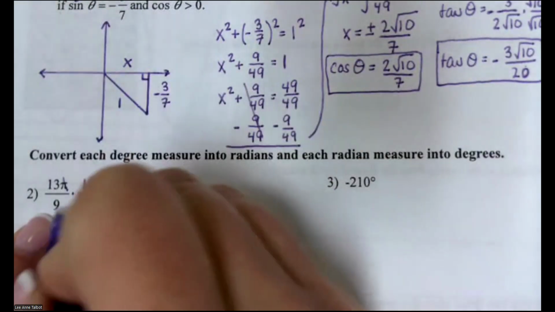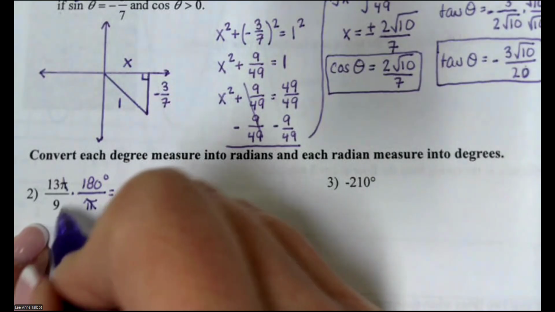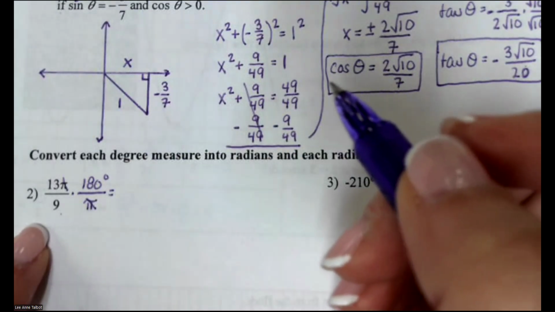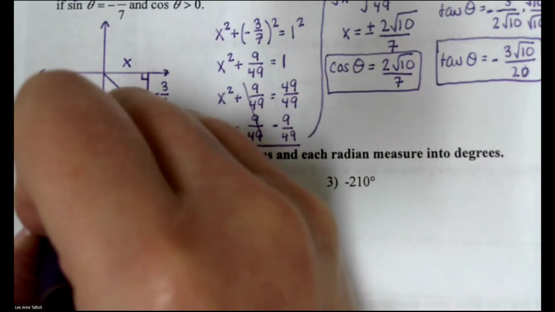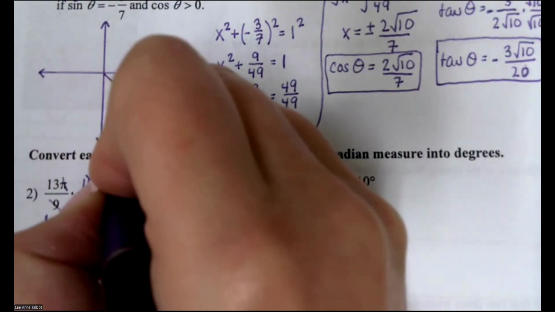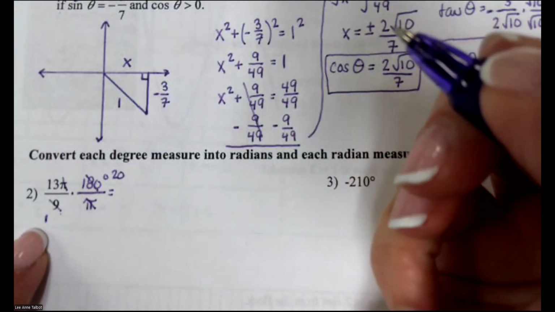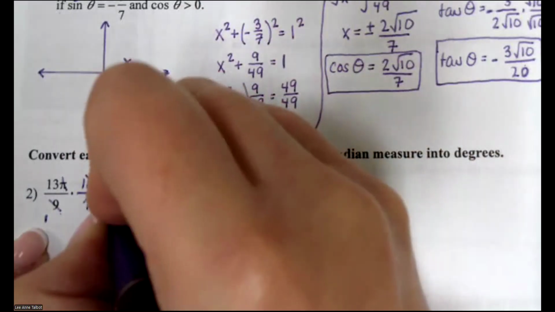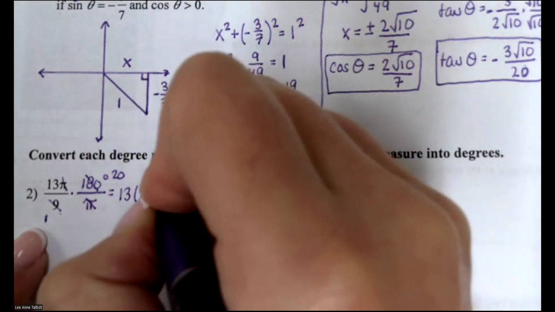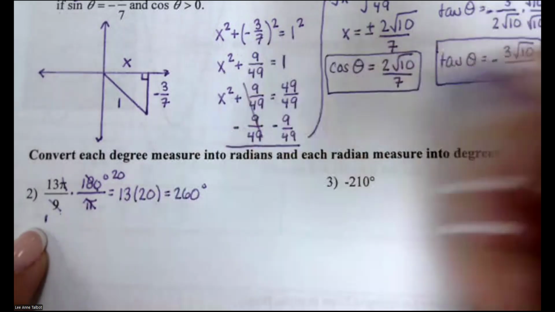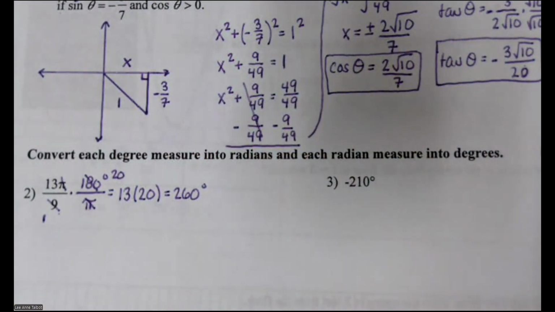And I'm also going to reduce this bit. 9 goes into 180 how many times? 20. I think one of the quiz versions had that exact problem. Did anyone have that one? I don't remember. It's been a minute.